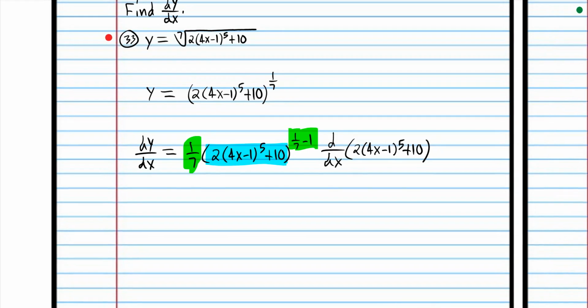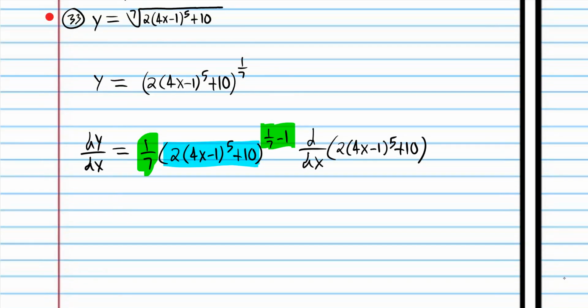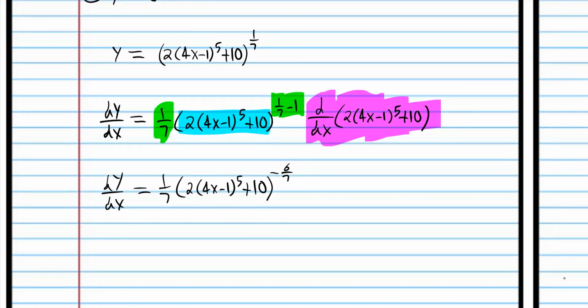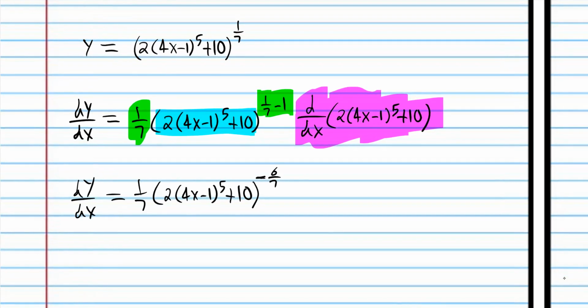So let's double check all this, make sure we have it right. Everything looks right. So we're going to rewrite all this stuff here. That's going to be -6/7. And then when we find the derivative of this, we're going to have to use the chain rule.